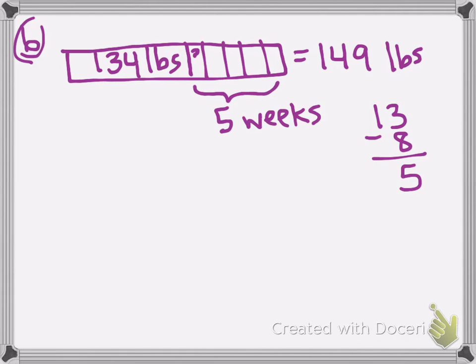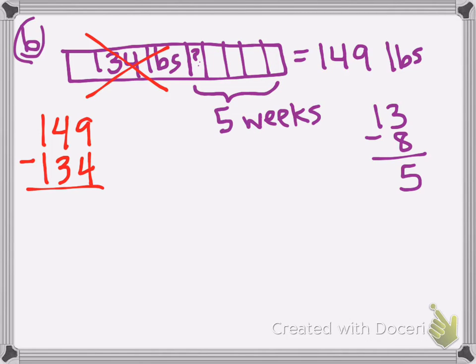We want to know how many pounds per week did he lose. So I'm going to start by getting rid of this 134. We have 149 pounds minus 134 pounds. What does that equal? Can't hear you, sorry. 15.